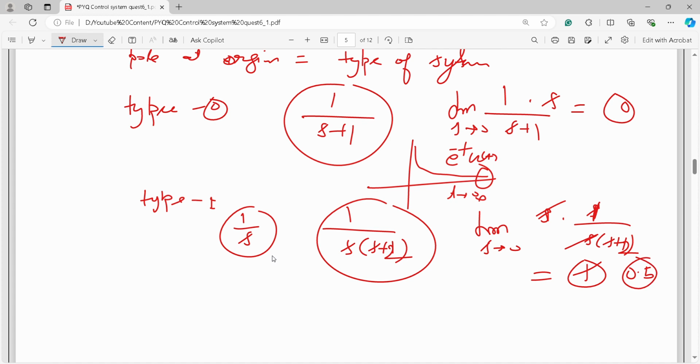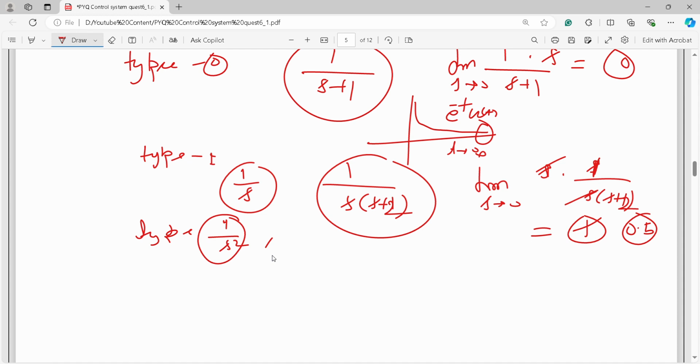and if the type is 2, type 2 means poles at the origin will be 2, 1 by s square, then 1 by s square into s plus 2. So limit s tends to 0, s into 1 by s square into s plus 2.